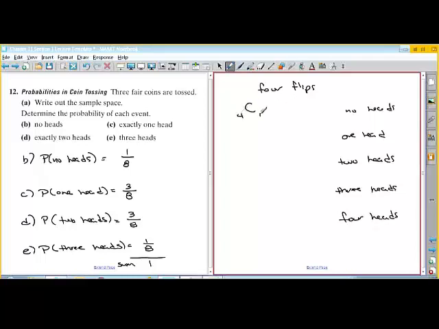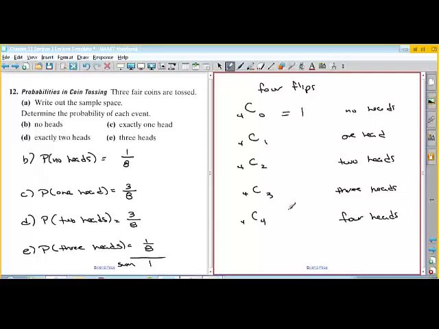So to find the number, you'd take 4 things 0 at a time, 4 things 1 at a time, 4 things 2 at a time, 4 things 3 at a time, 4 things 4 at a time.